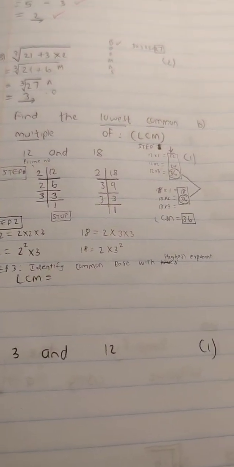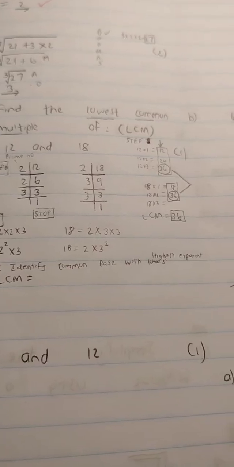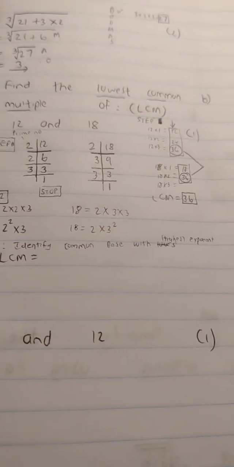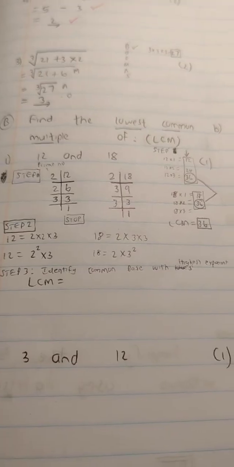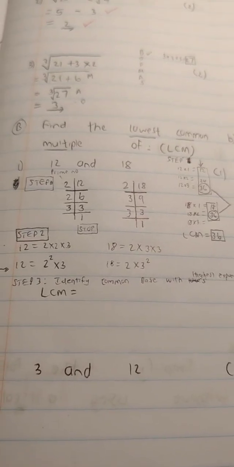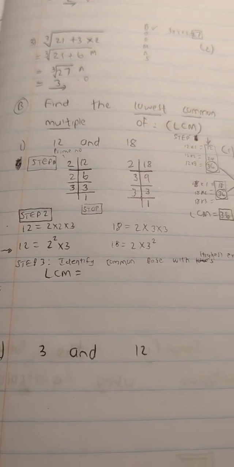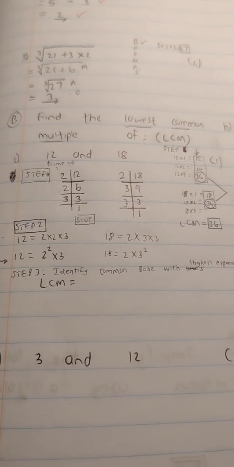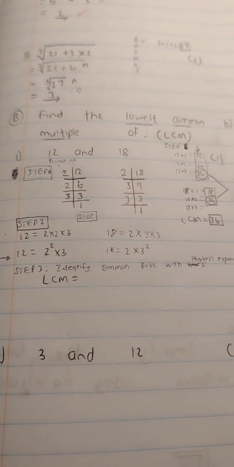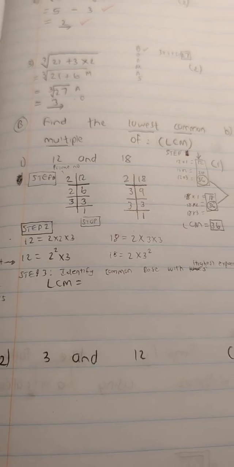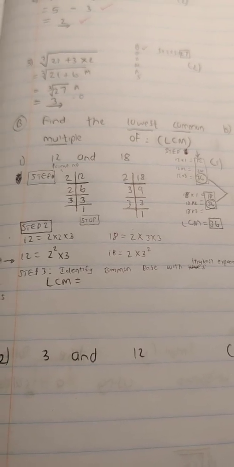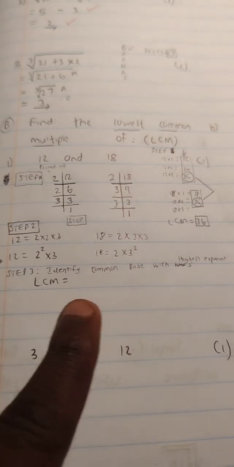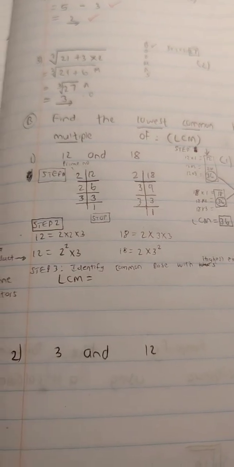Even for the bases that are not common, we are still going to identify it and make sure we select that unique base that has the highest exponent. And we are going to write those as a product of each other so that we can have the LCM.